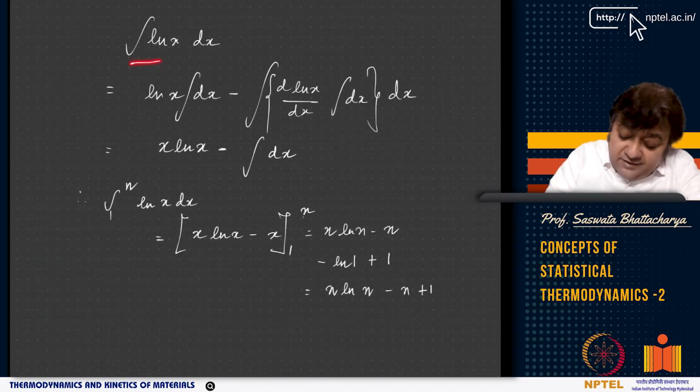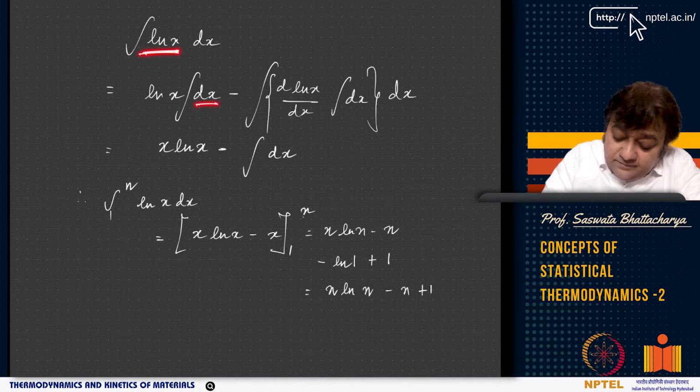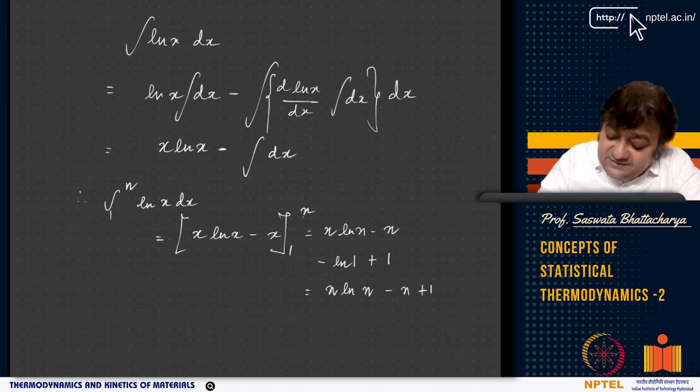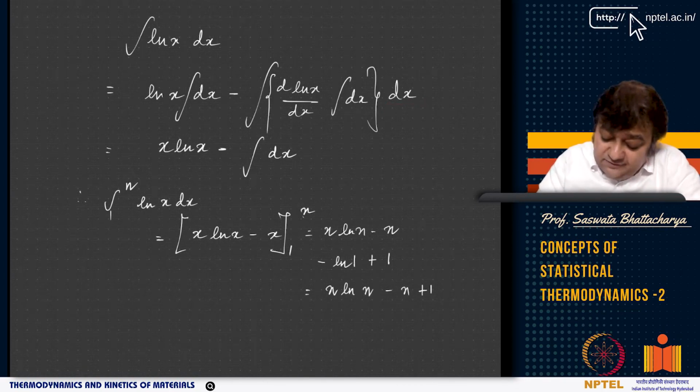So integral of ln x dx, ln x I have taken as the first function, right, and 1 as the second function. So you get x ln x minus the integral of dx, and what are the limits, 1 and n, right?